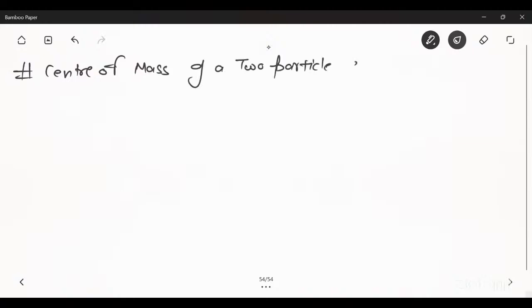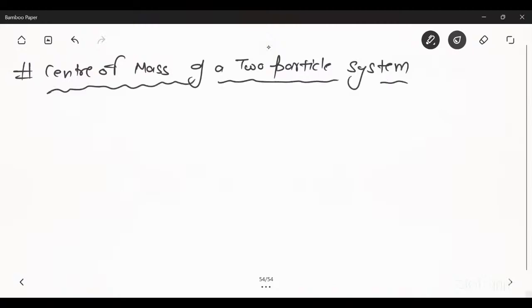Next topic is center of mass of a two particle system.